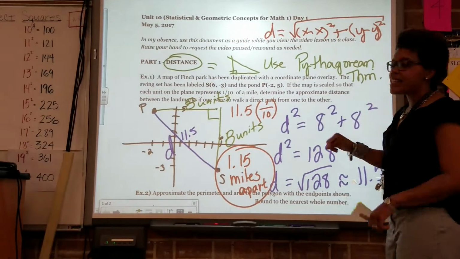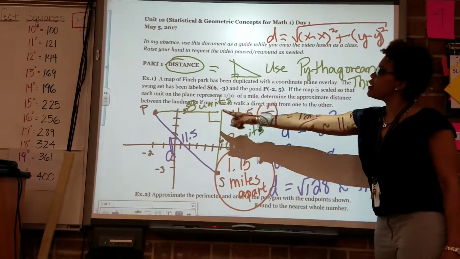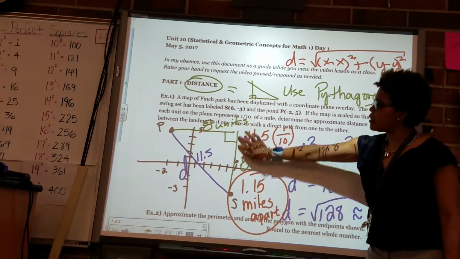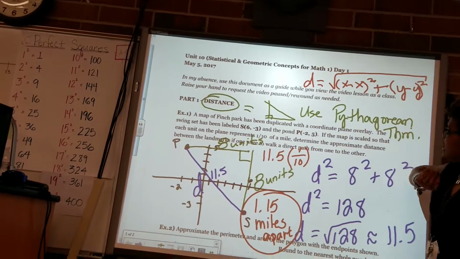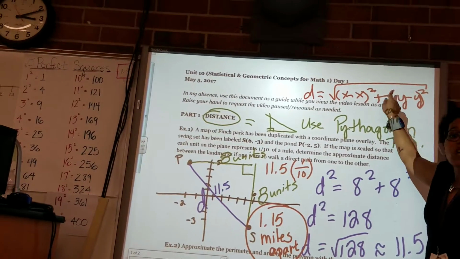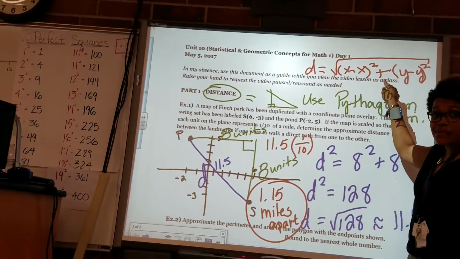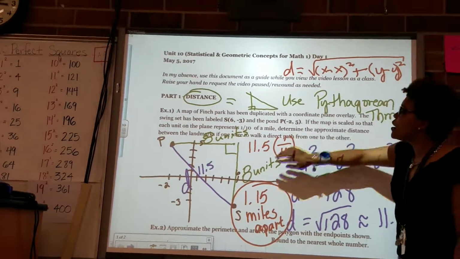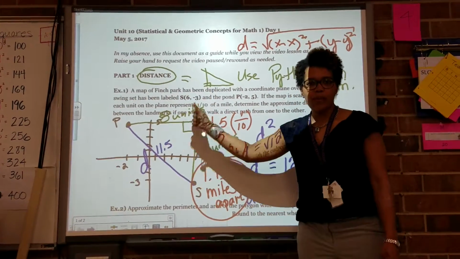And all that is horizontal leg squared, change in x's, plus vertical leg squared. And then at the end, we took the square root. So the distance formula is the Pythagorean theorem. If you see this at the high school, you just know that you make the right triangle, do Pythagorean, and that's the same thing.